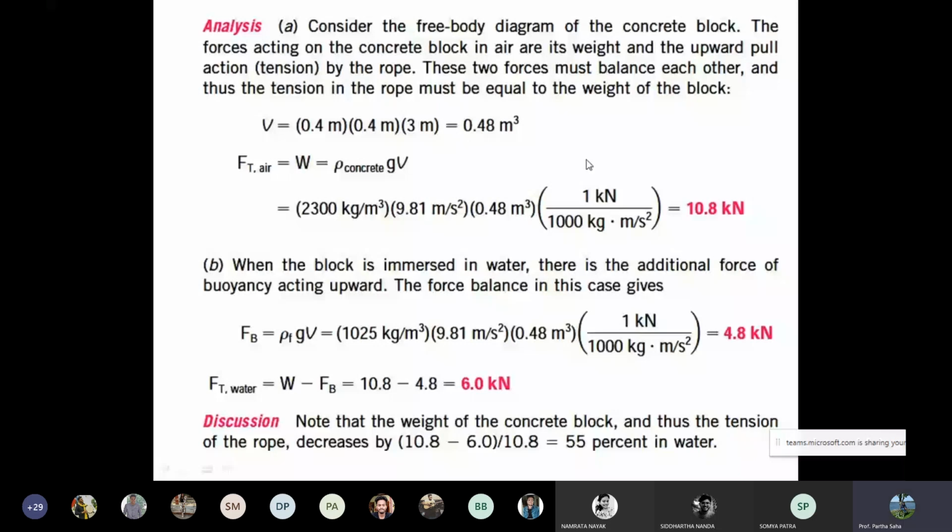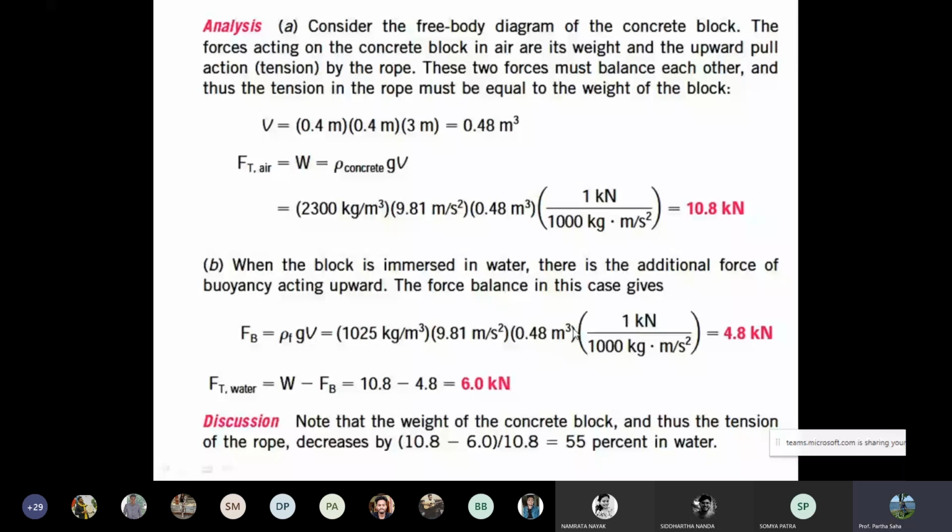Now, when the concrete block is immersed in the water, there is an additional buoyancy force, right? That is acting upward. So now we have to have a force balance. Now you have to consider the buoyancy force, with the density of the seawater given as 1025, and the volume will remain the same. So this is the amount of force acting upward.